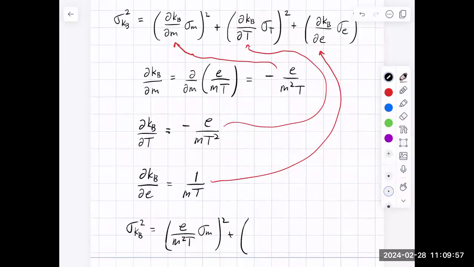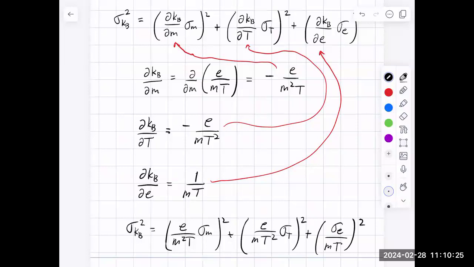The second term is very similar. It's e over m, this time the temperature squared, and then we have the uncertainty in the temperature, squared all of that. And then we have Boltzmann's constant: the derivative with respect to e is 1 over the slope times the temperature, and then we multiply by the uncertainty in the electron charge.